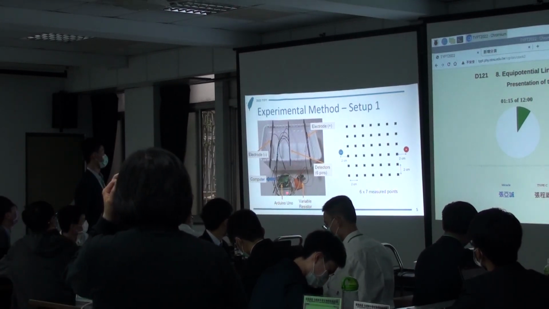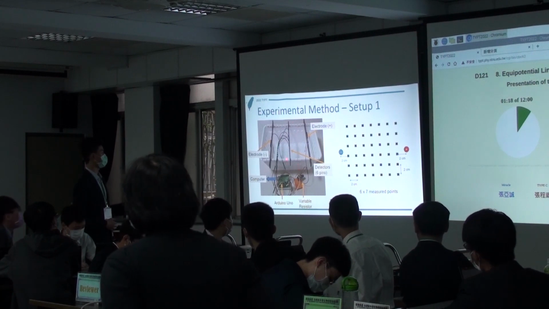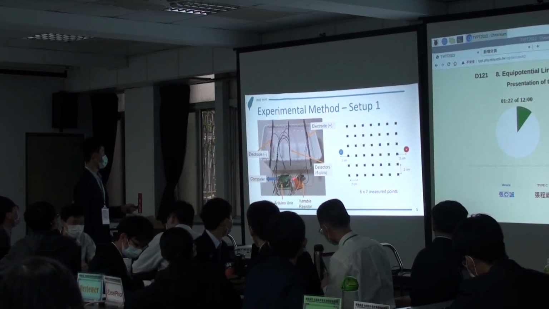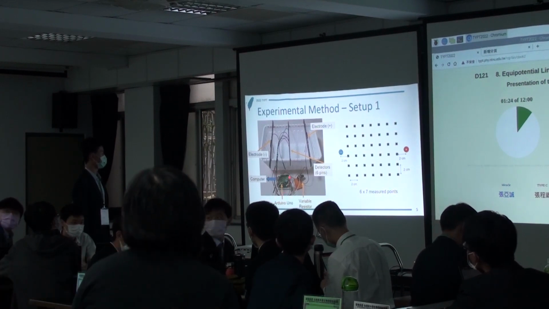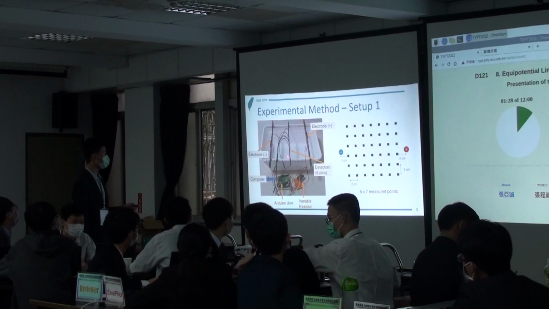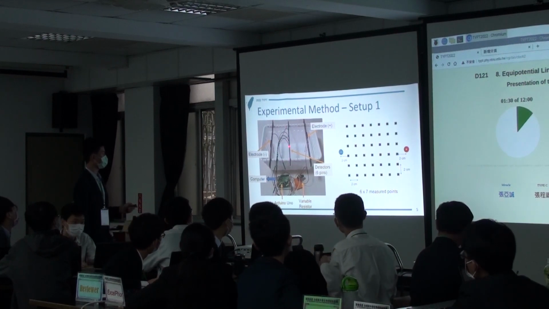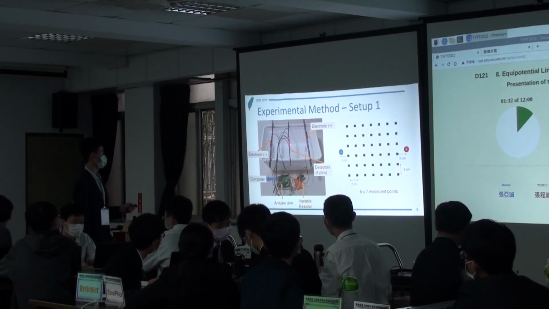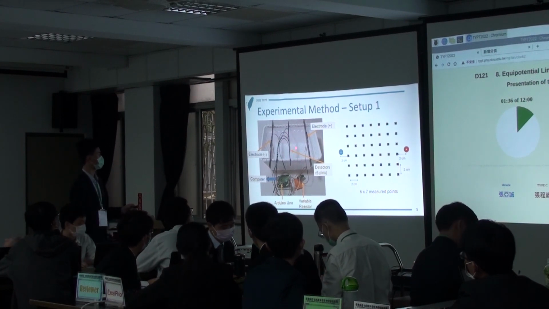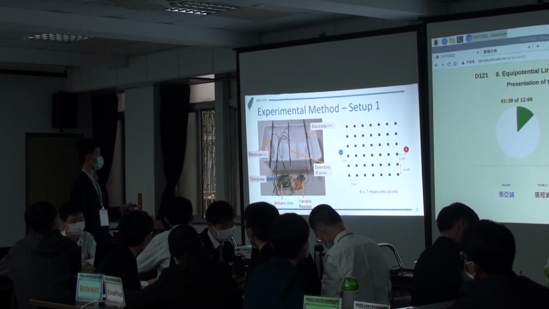This is our first setup for measuring the potential at different points. We have an Arduino Uno and a variable resistor that supplies the voltage. To measure the voltage at different points, we have 6 analog pins, which measure the voltage with respect to the reference electrode, also known as the cathode.